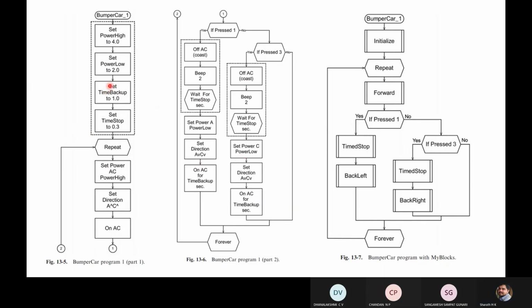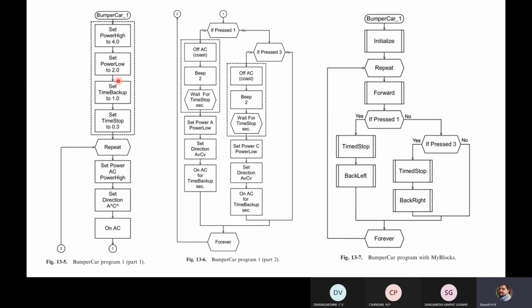Now, if the length of this program is large, you cannot represent it in a single sheet. In order to simplify this, you can group a few steps into a subprogram. You can consider a few common steps as a subprogram.